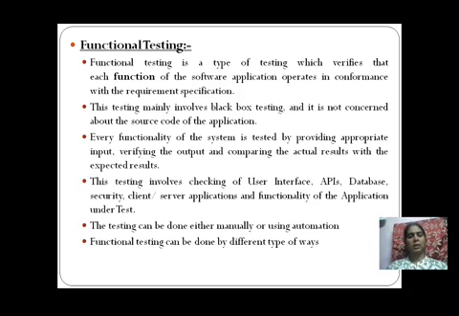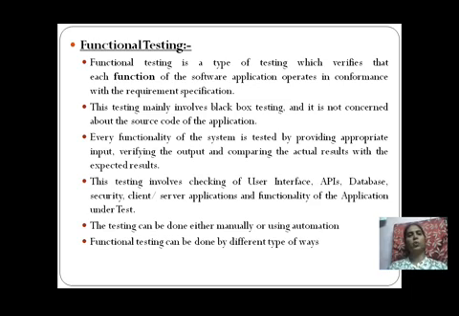Now what does it mean? Suppose we have developed an application, and within that application we have two text boxes where we need to enter a username and a password. What input is needed there? If there are two text boxes, how many ways can we enter the input?